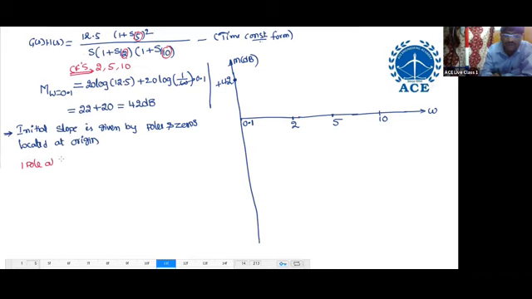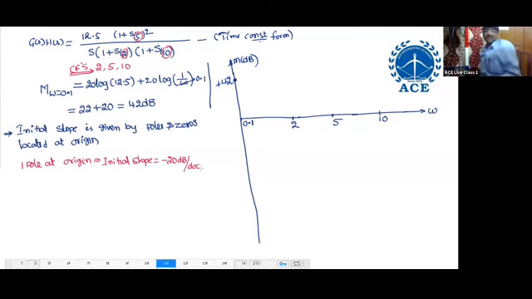One pole at origin, so what is the initial slope? Minus 20 times 1, that means minus 20 dB per decade.